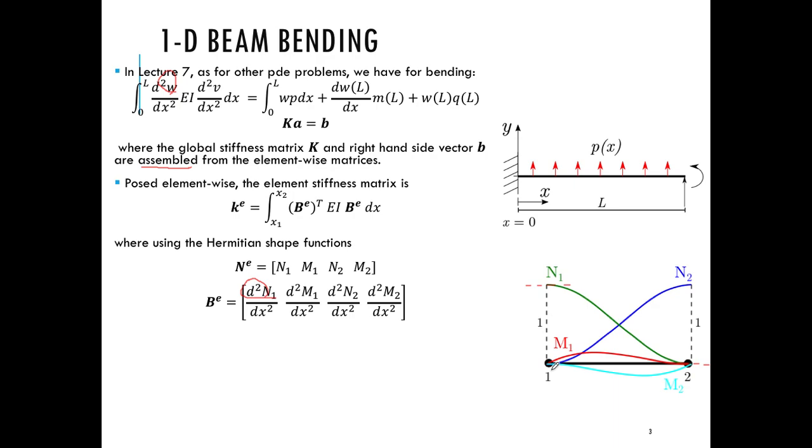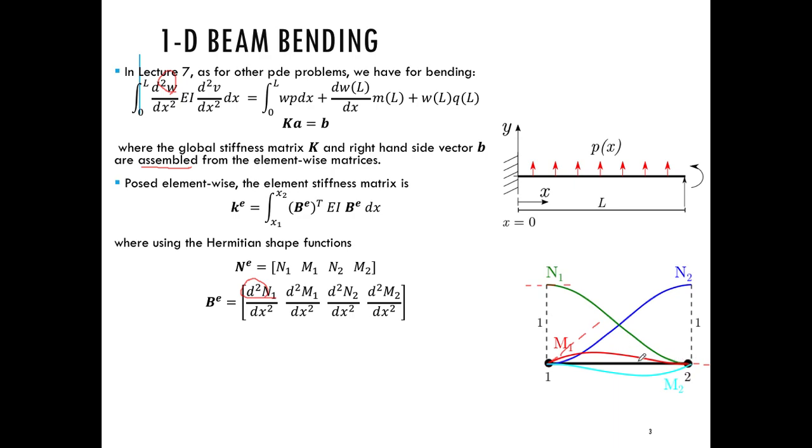Okay, correspondingly we have our rotation shape functions m1 and m2. Now these rotation shape functions are 0 at both nodes, but have a derivative of 1 at their own node. So if I'm talking about m1, m1 has a gradient of 1 at node 1 and a gradient of 0 at node 2.